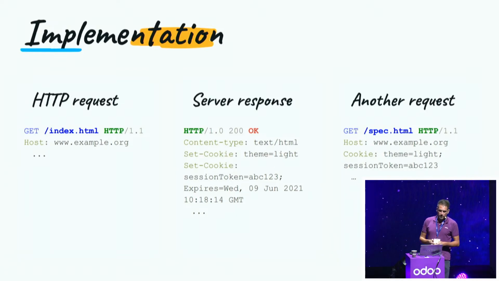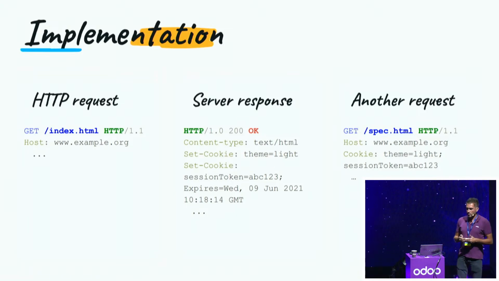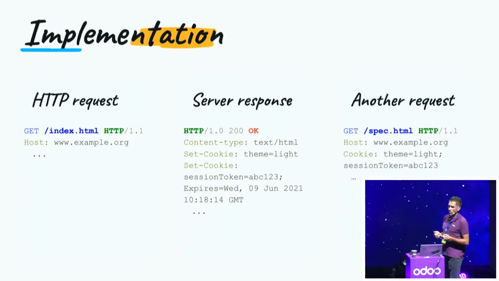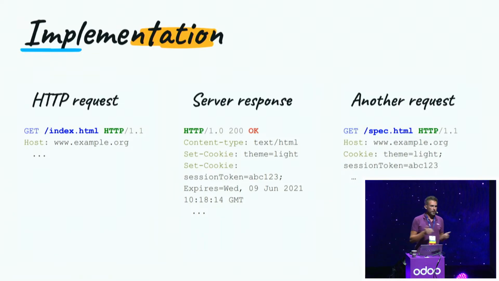Here we see that with the web browser, we want to access the homepage of the website example.org. When doing so, the server sends back data and sets a cookie on your web browser, defining, amongst others, the theme of the website, but also a session cookie to be able to identify you when you browse the website or when you come back later.